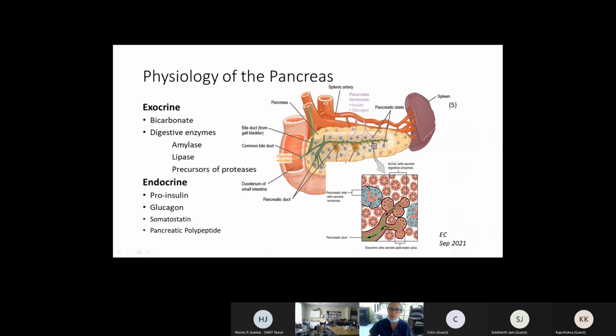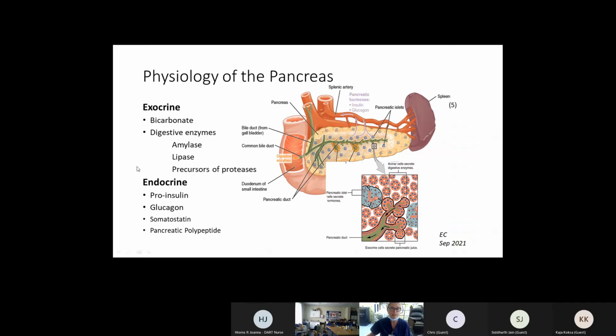So all the secretions will be drained in here. It contains basically the digestive enzymes, amylase, lipase, and some precursors of protease. So pretty much responsible for the digestion of almost all nutrients.